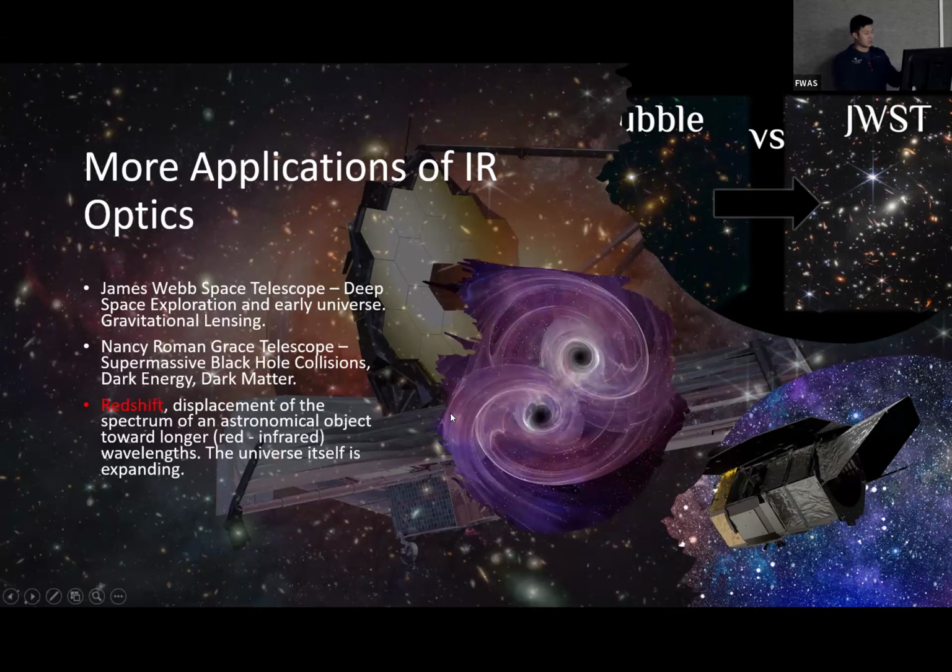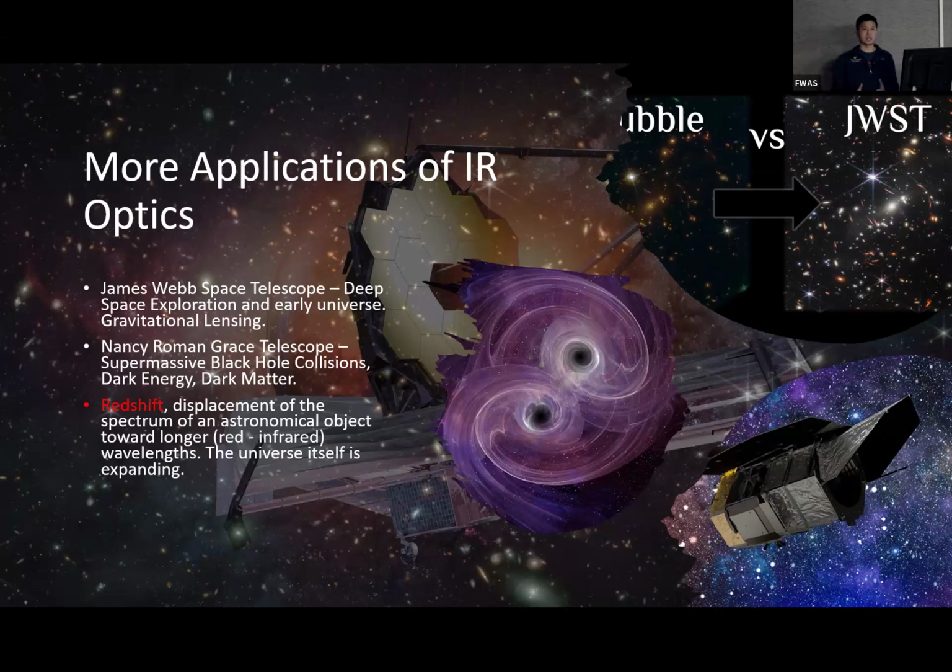And redshift: displacement of the spectrum of an astronomical object toward longer wavelength. There are two things that lead to redshifting. It's like a Doppler shift, right? As an ambulance leaves you, all of a sudden the pitch becomes longer, and there's less energy. Same thing happens with light. If it's leaving you, those wavelengths are being stretched.